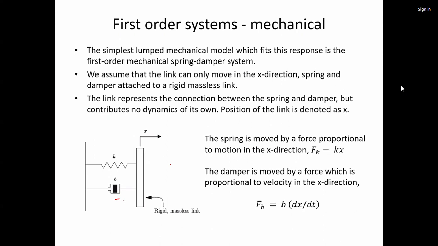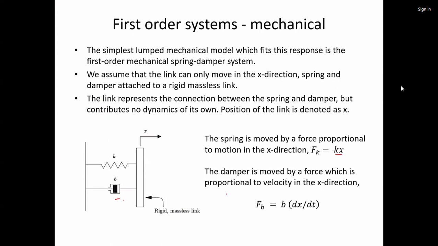And when this tries to move, let's say it tries to move by a distance x in the positive direction, the spring force would act in the opposite direction. There would also be some damping coming from this damper. So this spring force is proportional to the displacement, right, which is x. So the spring force will be the spring constant k times x.